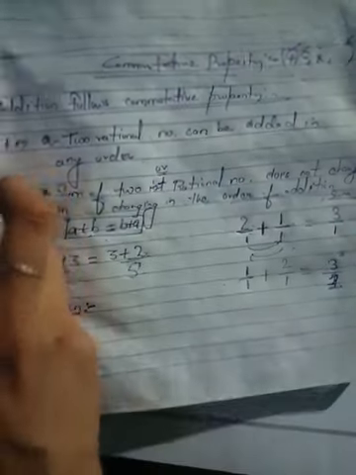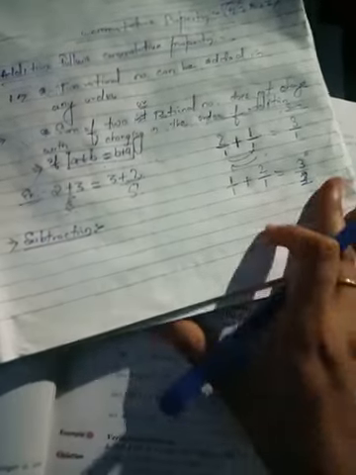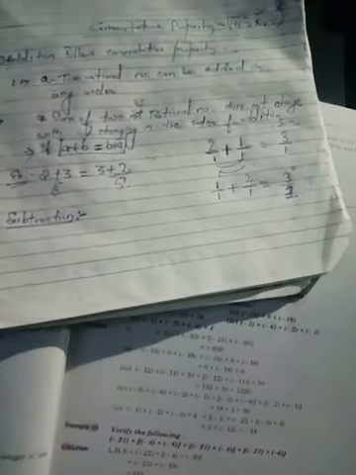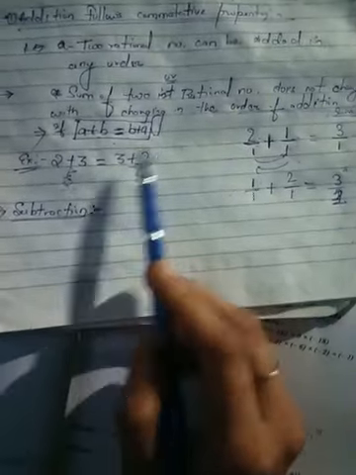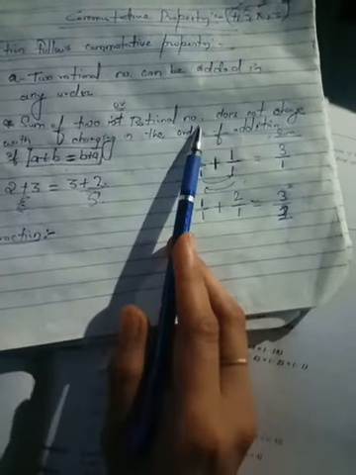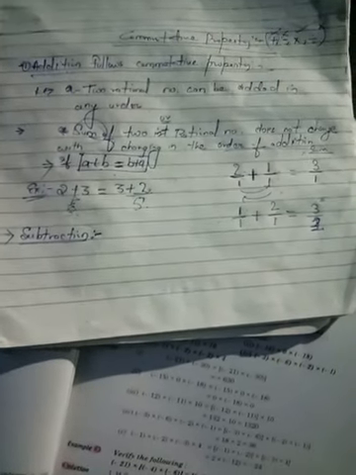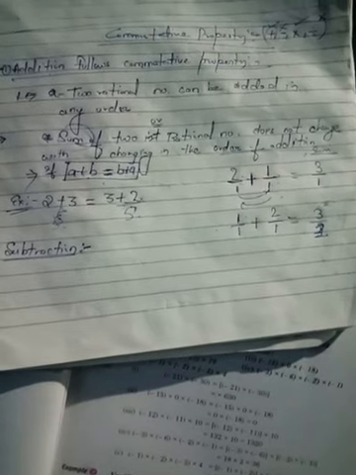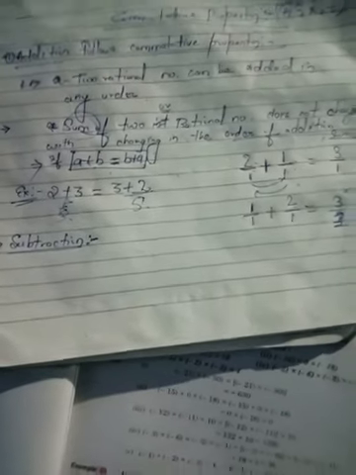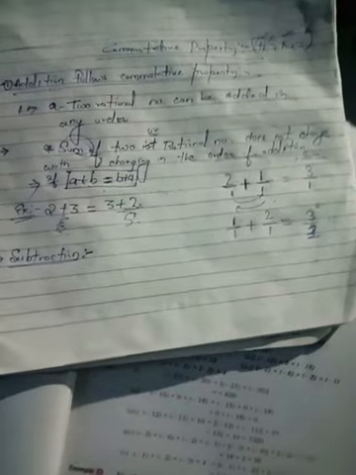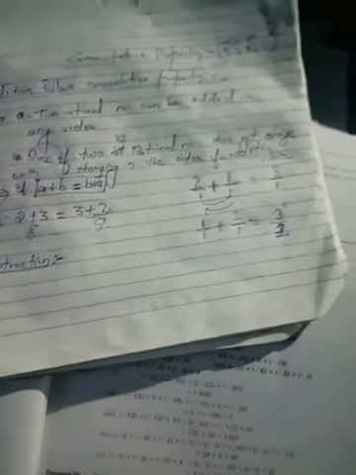In simple language, the sum of two rational numbers will not change; changing the position or the order will not change the sum. This commutative property is followed by the addition of rational numbers.